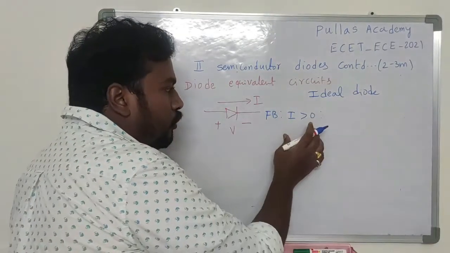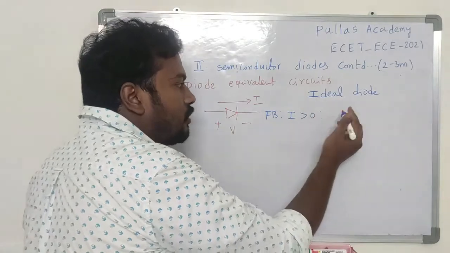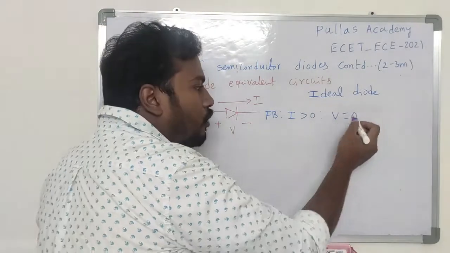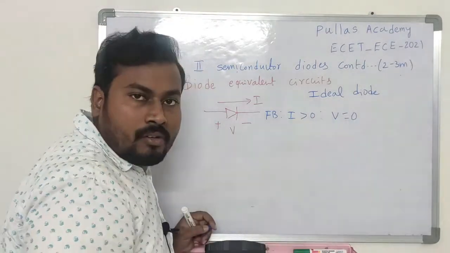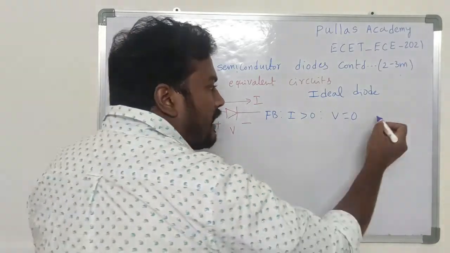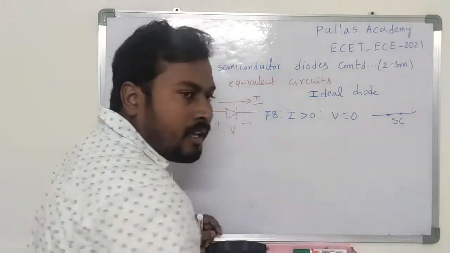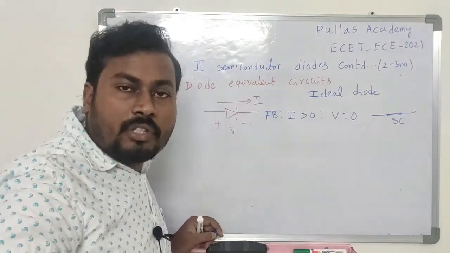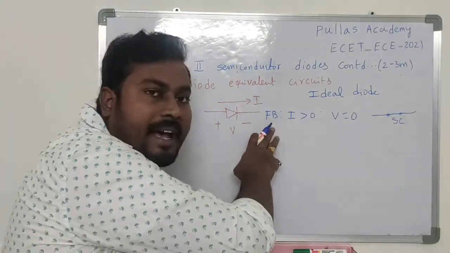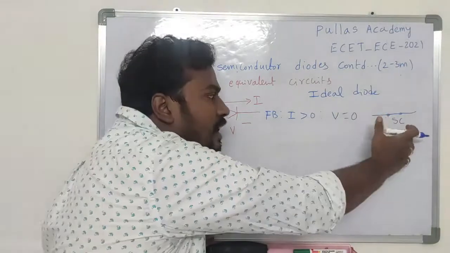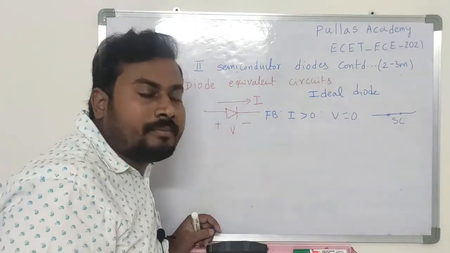So when current through the diode is greater than 0, for an ideal diode, the voltage across it is 0, which means that the diode is simply replaced by a short circuit. So if you confidently know that the diode is under forward bias, you have to replace the diode by a short circuit.